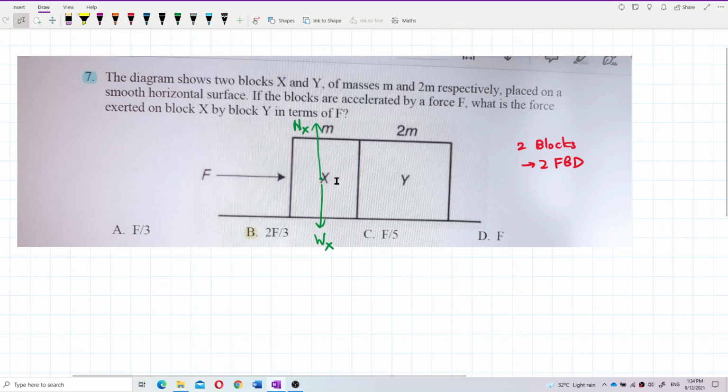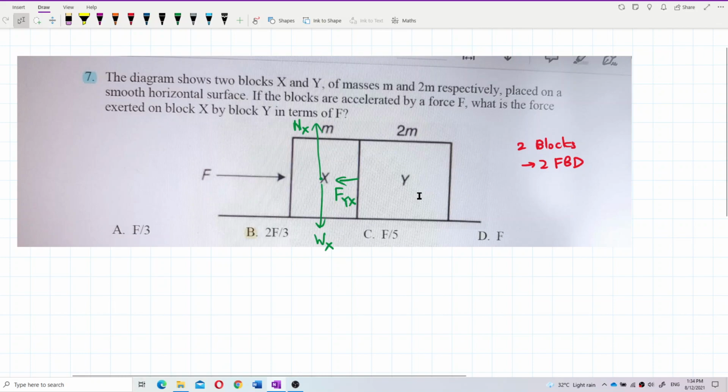You can say contact force from Y. Block Y is blocking the way. So we can put this as Fyx, that means Y on X. So these are the forces acting on block X.